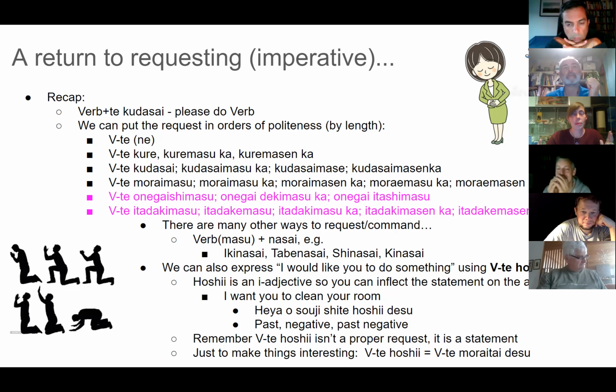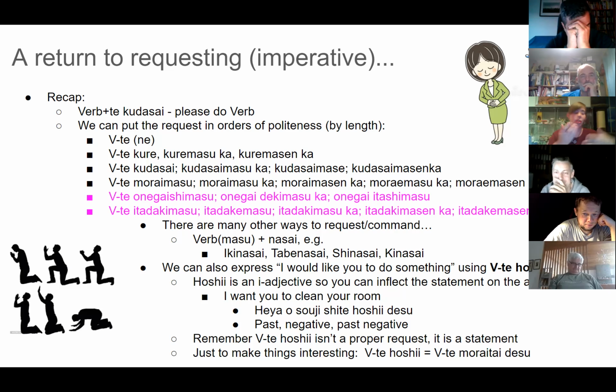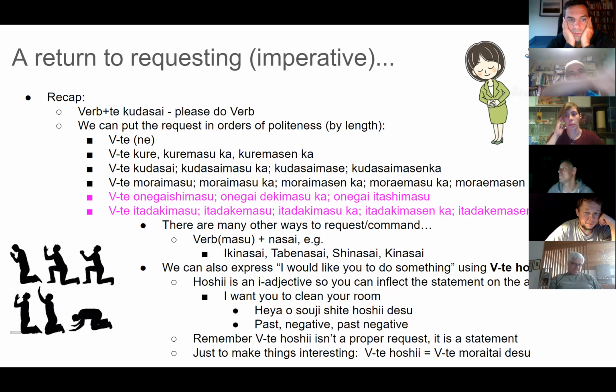But when I see that person A wants person B to do the dishes, but you're not talking about yourself, you use hoshikatte imasu. Exactly this. It's when you want to refer to somebody else wanting somebody else to do something. Okay. I think I get it. Thank you.